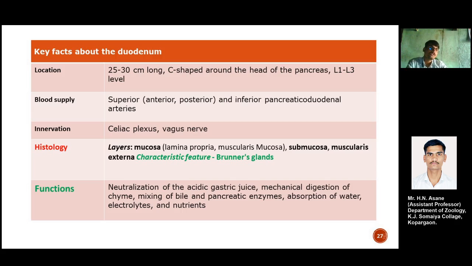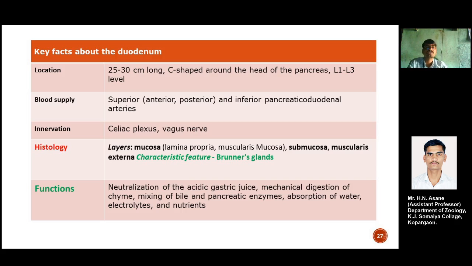Okay, so the innervation is by the celiac plexus and the vagus nerves, that is the cranial 10th nerve. Okay, these maintain the neural plexus.